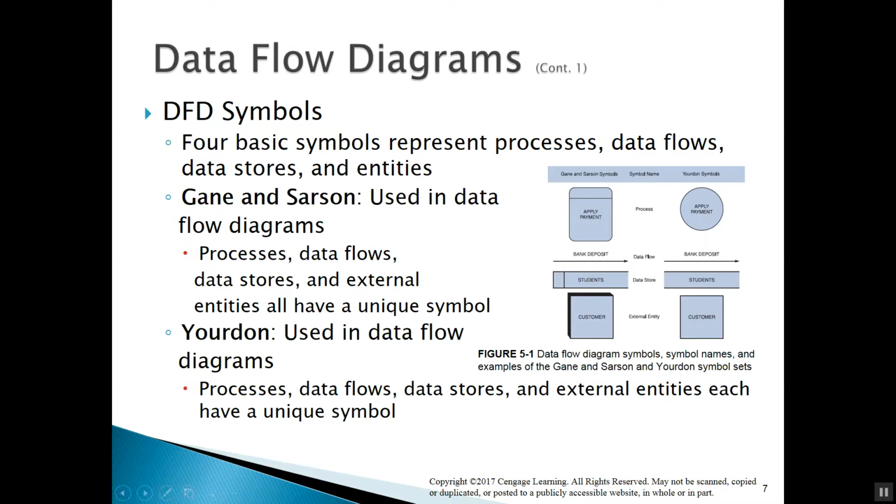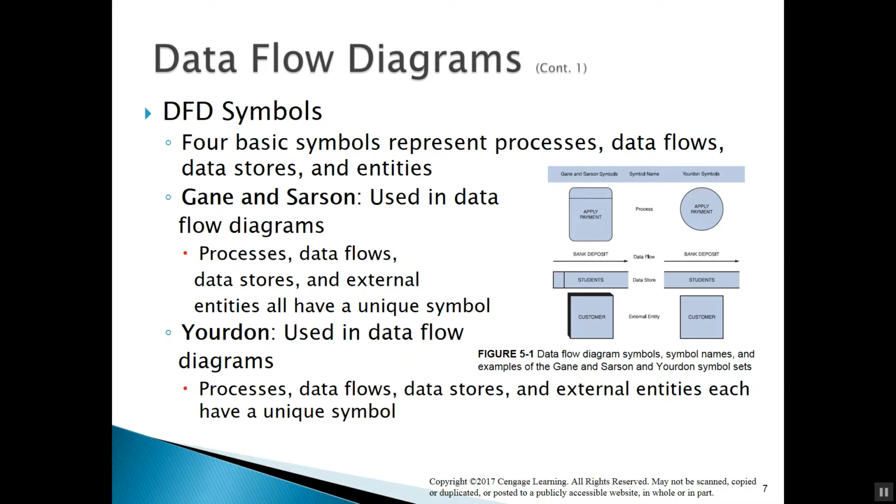Okay. So we've got a process, and depending on whether we're talking about Gane and Sarson symbols or Yourdon symbols, the one on the left is what we see more predominantly. It's a rectangle with rounded edges that says apply payment.